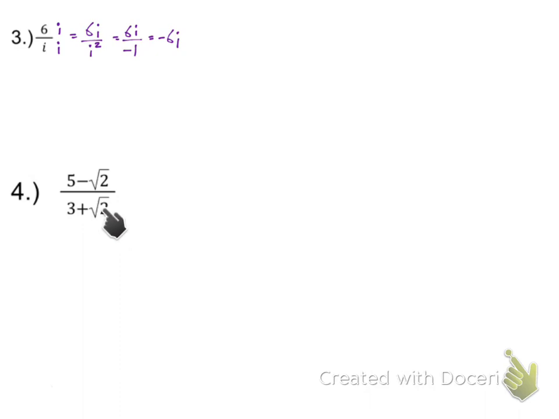But to get rid of that guy completely, like we did in our example earlier, I have to multiply by what? 3 minus square root of 2. But unfortunately, I don't have to just FOIL the bottom, I have to FOIL the top. So it's just more involved, right? It's more work, not necessarily harder work.